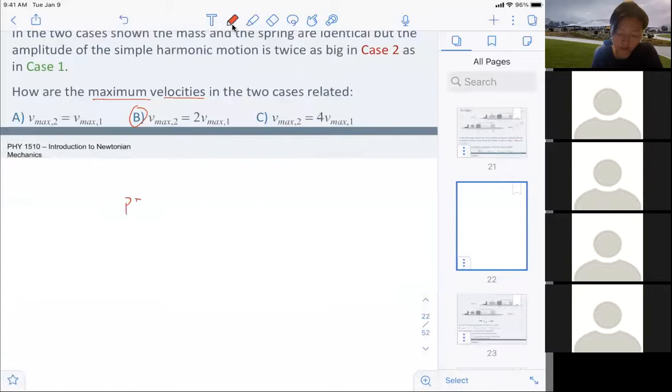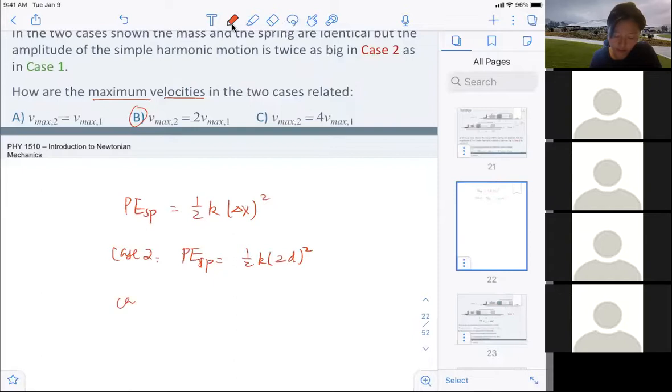So potential energy from the spring is 1/2 k delta x squared. So for case 2, your potential energy is 1/2 k (2d) squared, whereas in case 1, your potential energy is only 1/2 k d squared. This is 4 times the energy of the other.